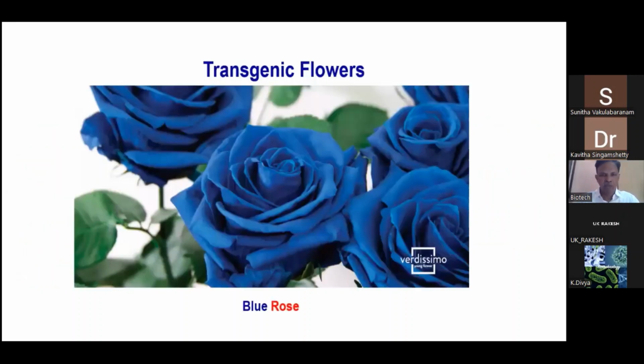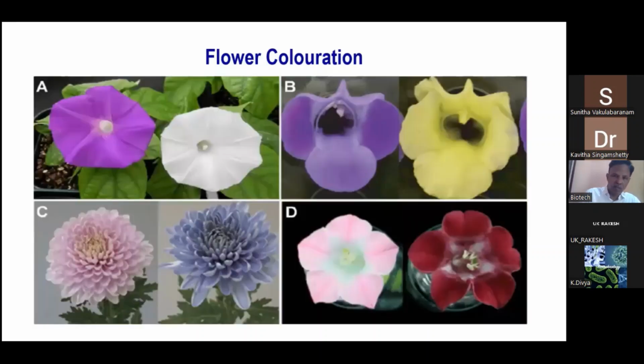In India, we do not have much importance for cut flowers, but elsewhere, mostly in Europe, and in case of Oriental countries like Japan, there is a lot of demand for cut flowers. And rose is one such cut flower which is in very, very high demand. So they have designed this particular flower, which is a blue rose, which is very important for the cut flower industry.